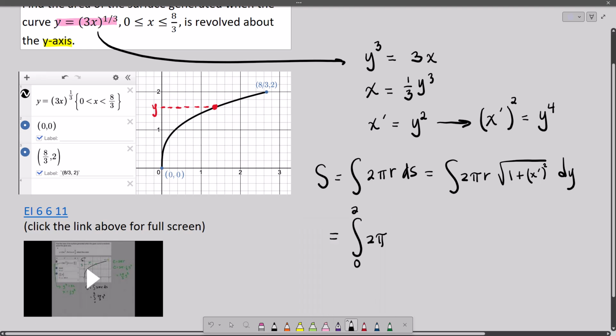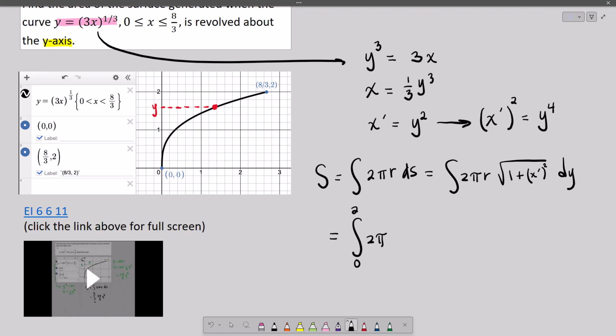And now let's replace this r with what it's equal to. So r is the radius, so that's right there. And what is the radius? What is measuring this distance from the y-axis over to that point? The function. That's what the function is measuring.